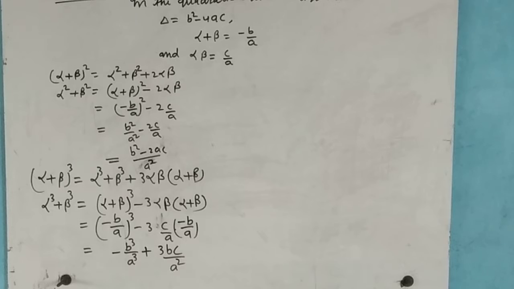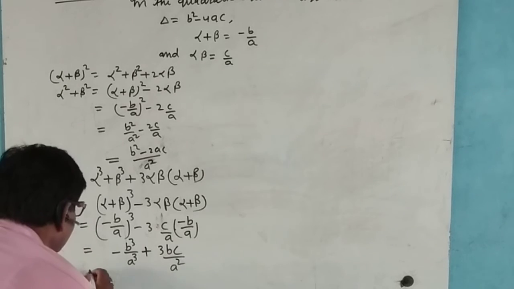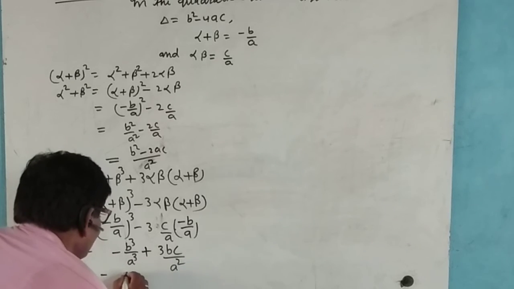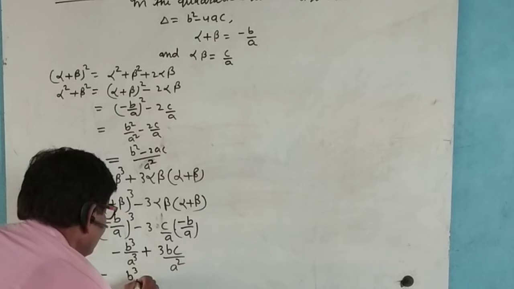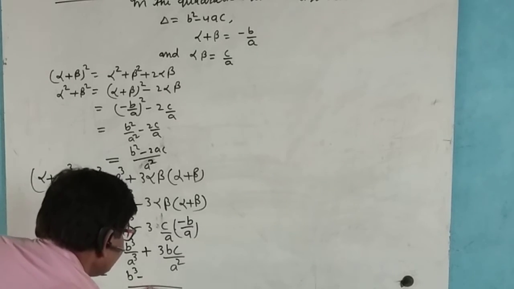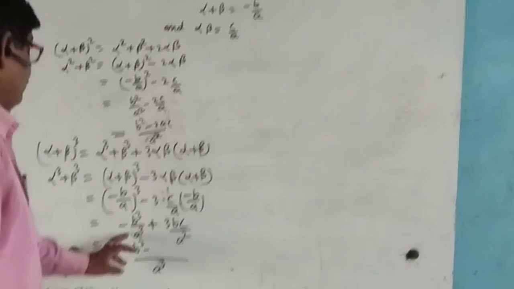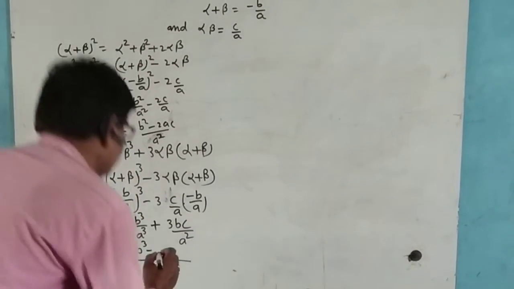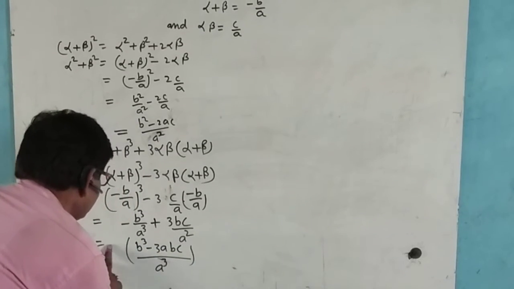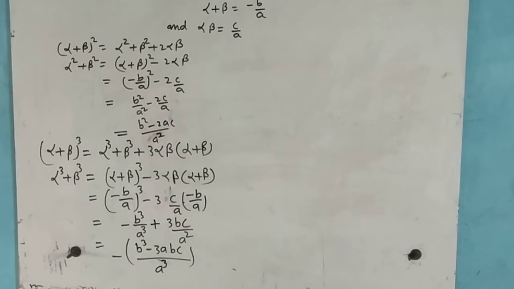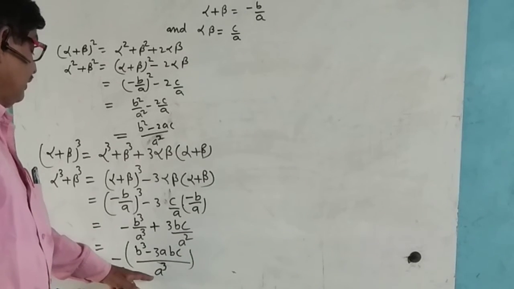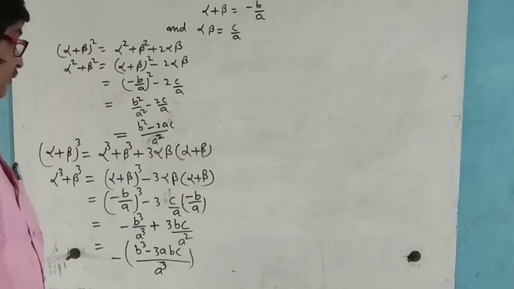Now we take the common minus b cube by a cube, and this becomes b cube minus 3abc, because we take the negative sign common. So we get b cube minus 3abc over a cube.